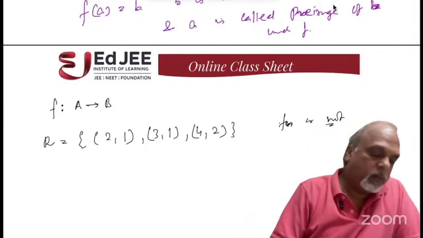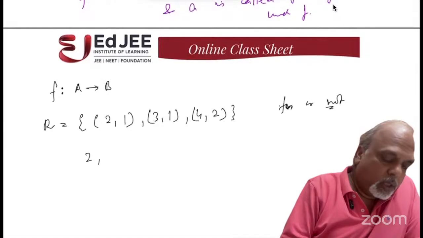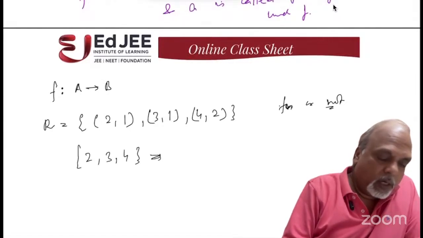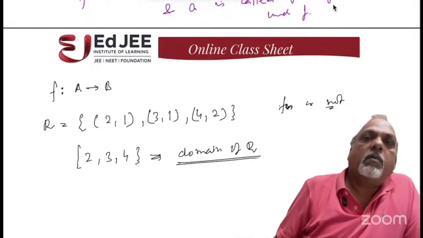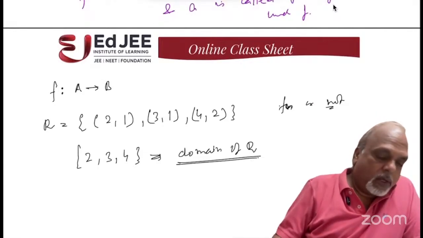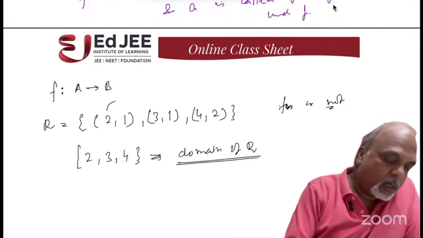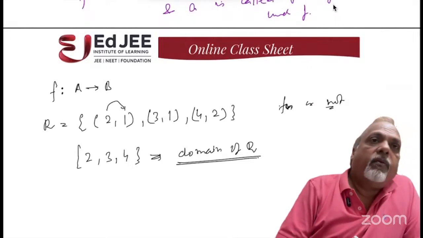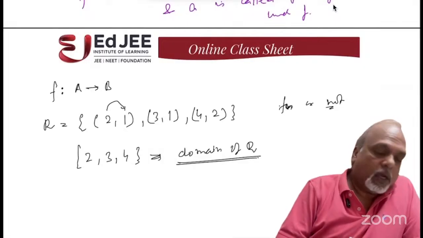We can see 2, 3, 4 is the domain of R. And just see, 2 has got a unique image in the codomain.